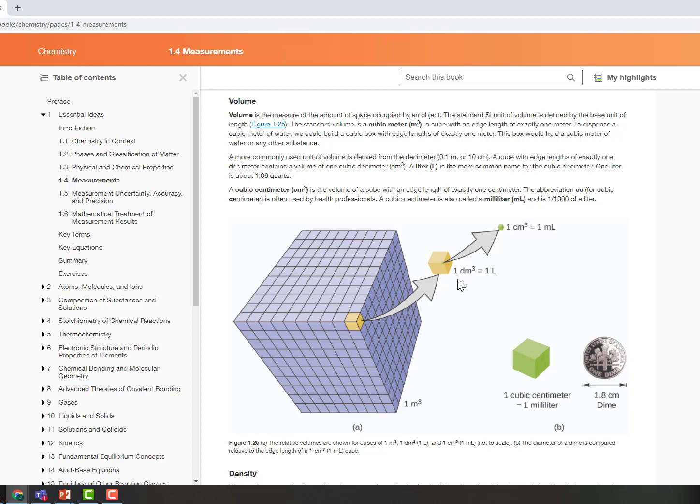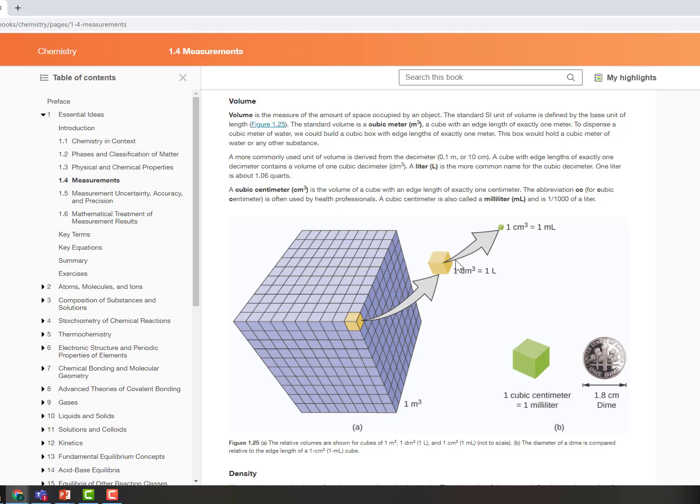And what you might see from this picture is if we go from this larger cube to this smaller cube, there's a big difference there. And it might be bigger than you would expect based on the definition of a decimeter. So going from meter to decimeter, we're only changing it by 1 order of magnitude, so basically by a factor of 10.